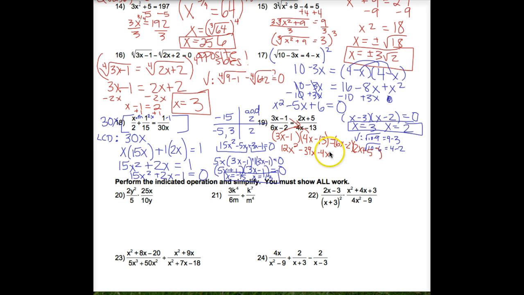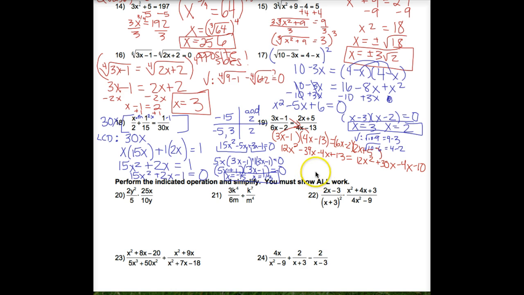And last, negative 1 times negative 13 is positive 13. On the right side, 6x times 2x is 12x squared. Outside, 6x times 5 is 30x. Inside's negative 2 times 2x is negative 4x. Last's negative 2 times 5 is negative 10.